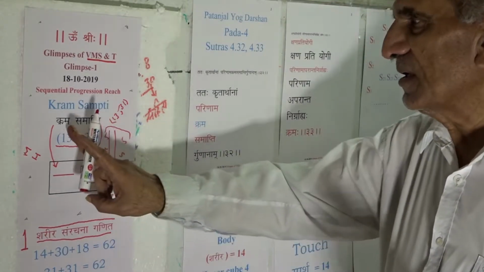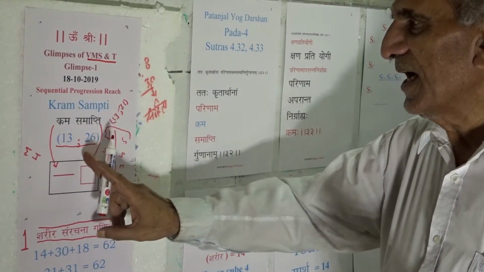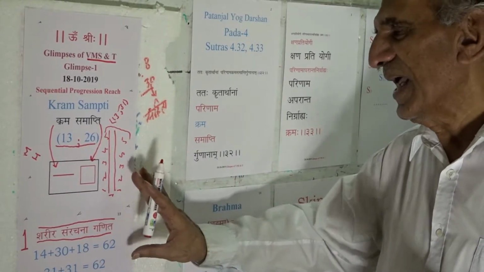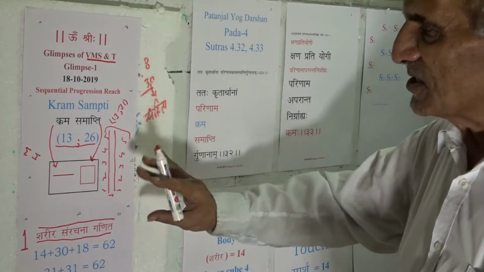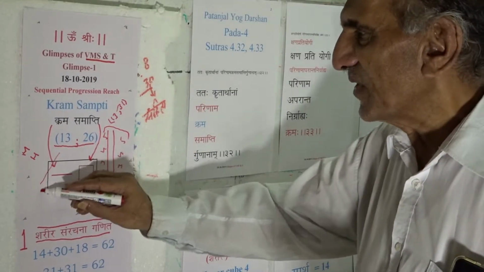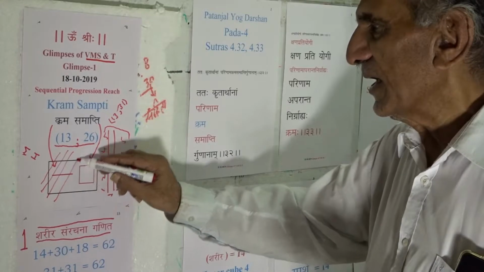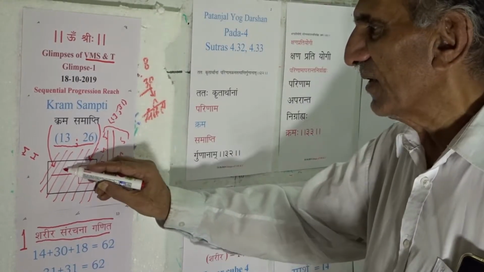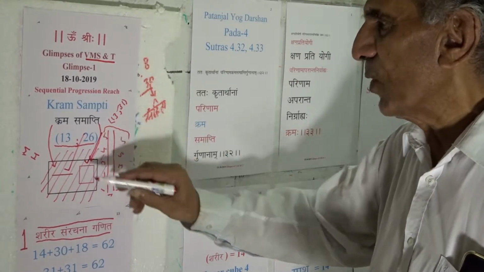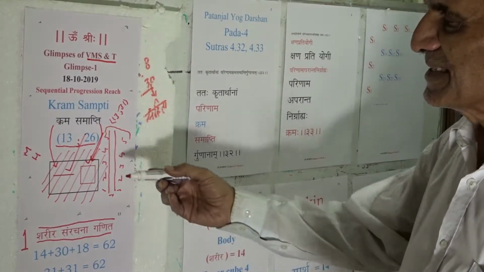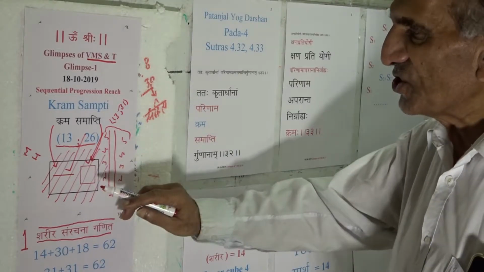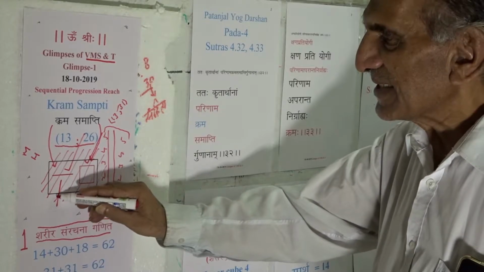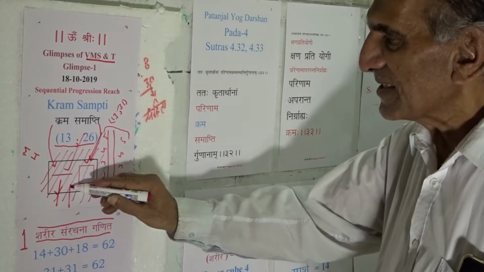The formulation Kram Samapti as TC values pair 13 and 26 will help us appreciate that within a surface, a plane, we can have a simultaneous manifestation for interval as well as for a square. It is this simultaneous manifestation of interval and a square, means the first axis and the pair of axes.